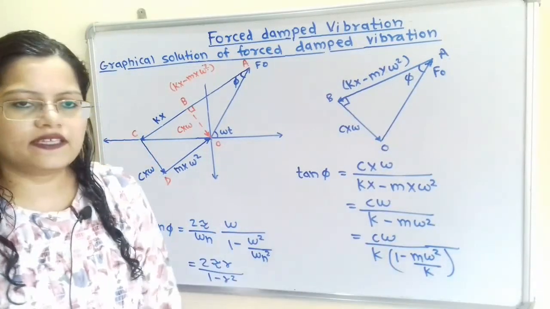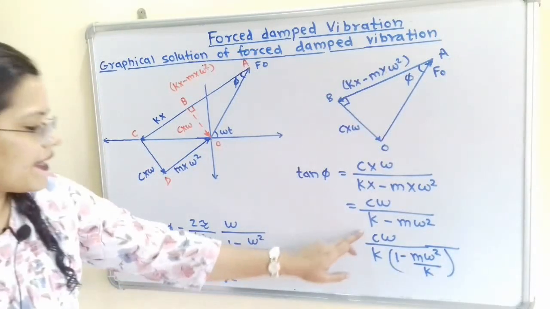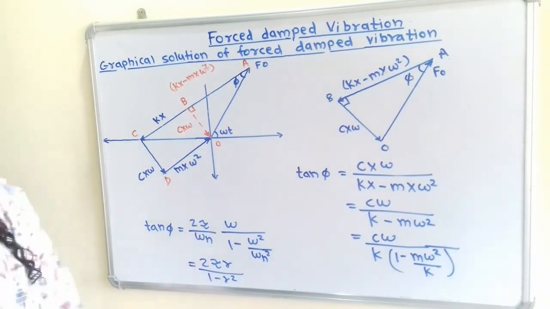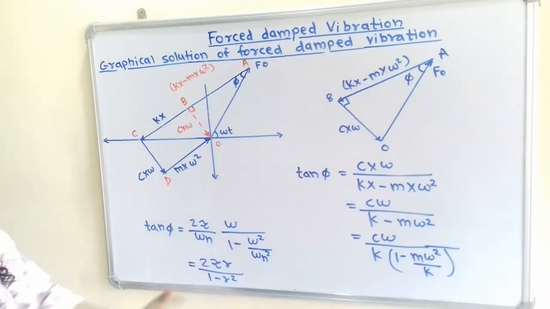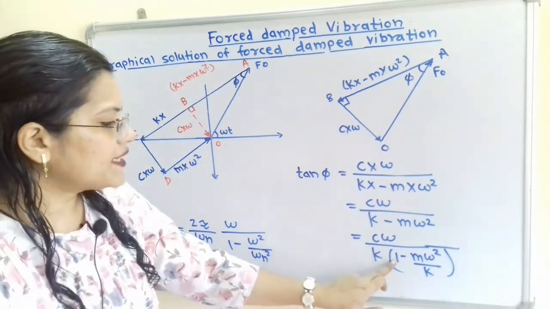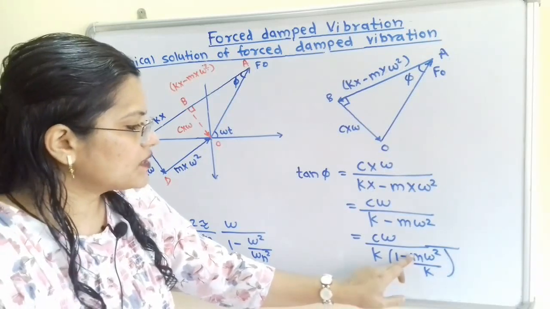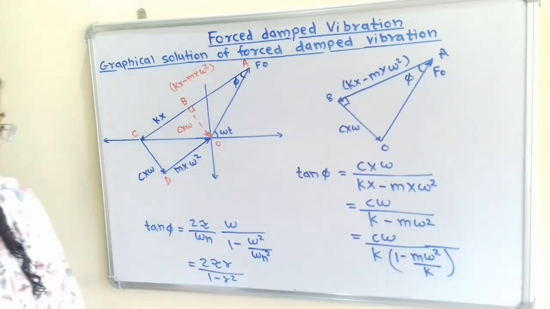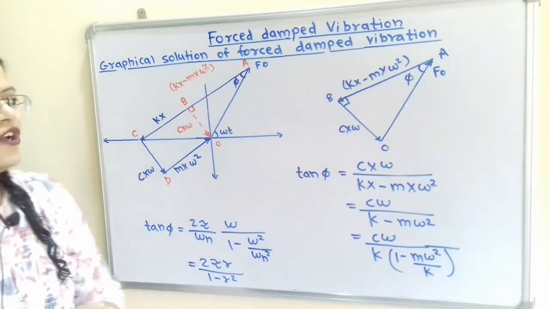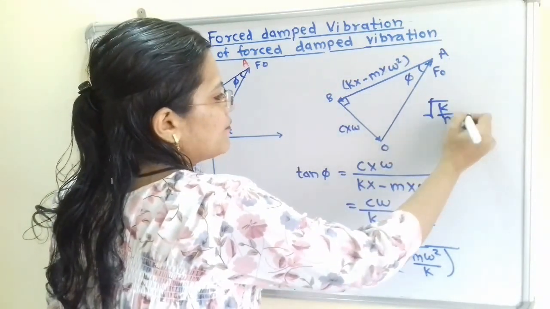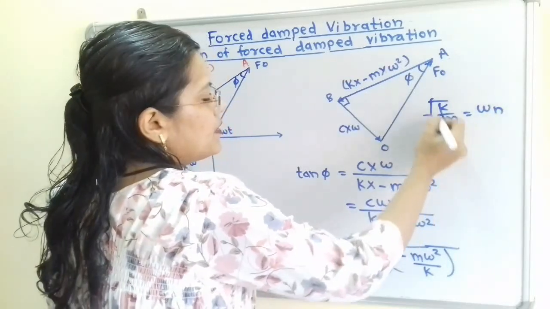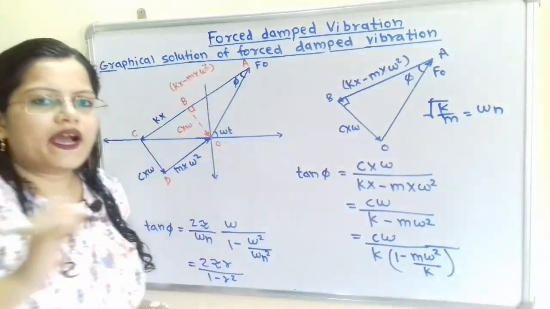We know that C by K is equal to 2 zeta by omega n. So instead of C by K we will put 2 zeta by omega n, and here omega divided by 1 minus, now this m we will transfer to the denominator, so it will become K by m. We know that K by m is equal to omega n square.